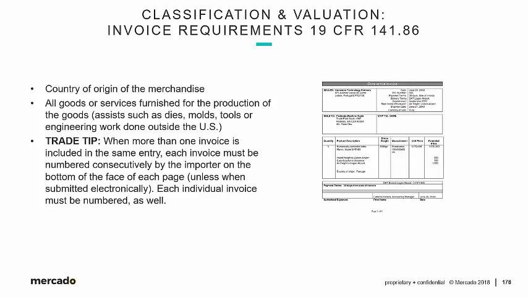Each individual invoice must be numbered as well. Pretty nitpicky, but really not, because customs agents, customs specialists as they're called, might request electronic copies of documents, and they need to know and understand what they're looking at. This particular rule helps them to do that.